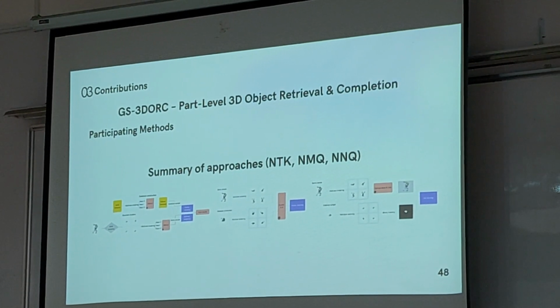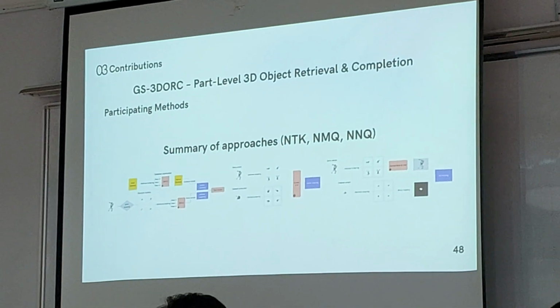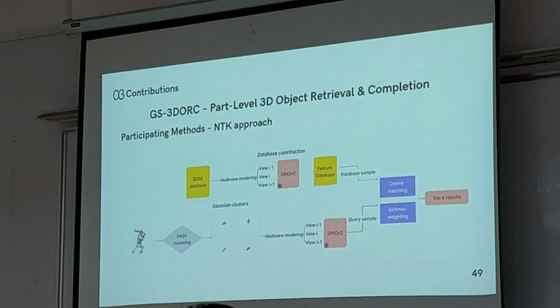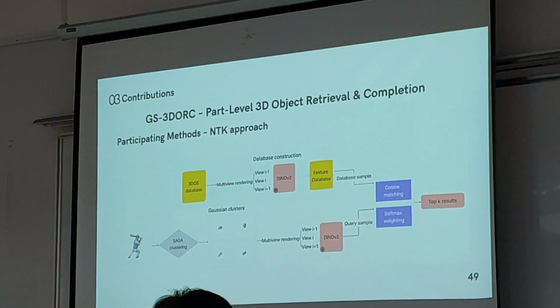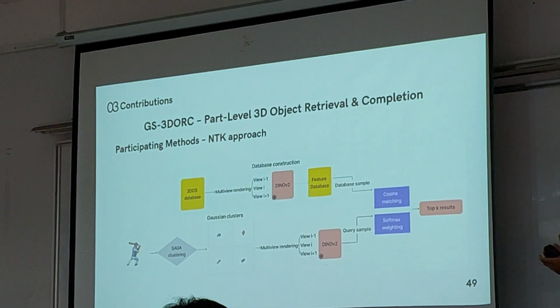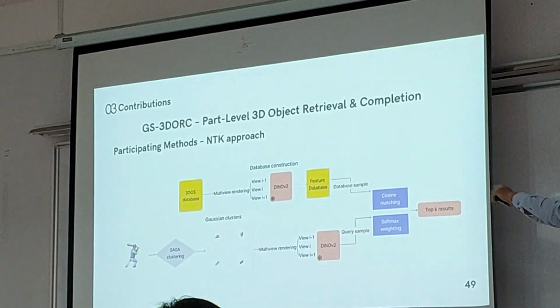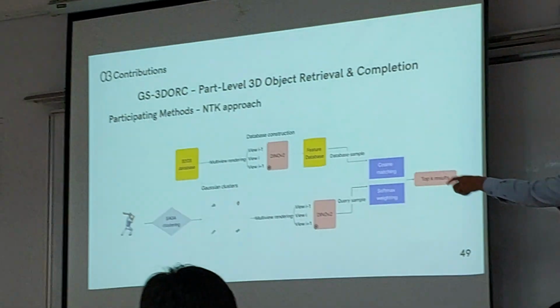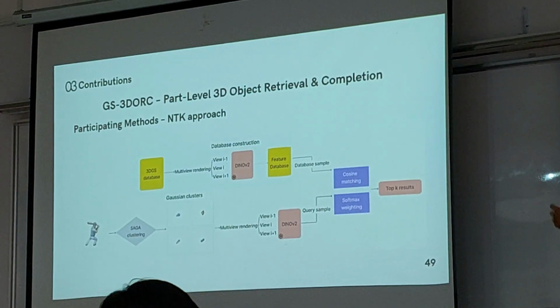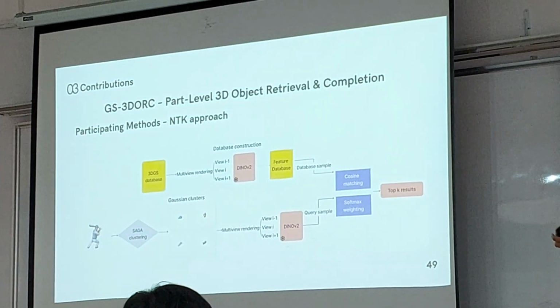Our challenge attracted three teams of participation, and here's a summary of their approaches. The first team, NTK, proposed an approach based on feature extraction of both the complete Gaussian model and the 3D Gaussian splatting part database. They extract the features using a vision model and then use cosine matching.